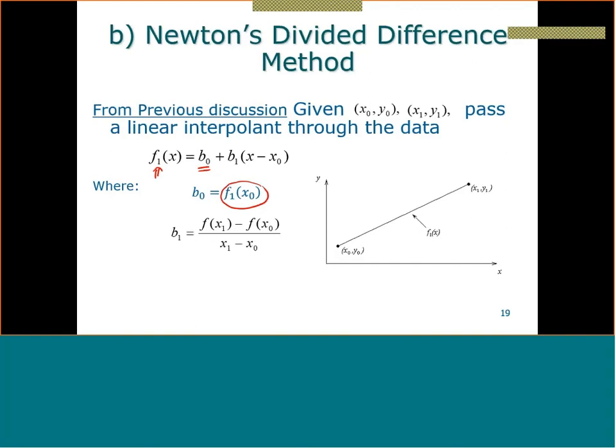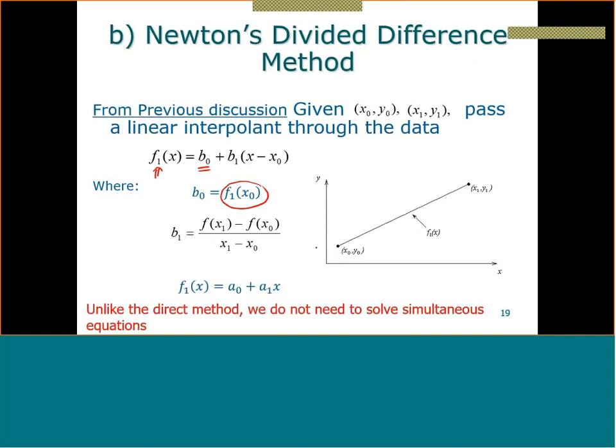As I said, this is exactly the same, but unlike the direct method, we don't need to solve simultaneous equations. Okay, so that's for the linear approximation.